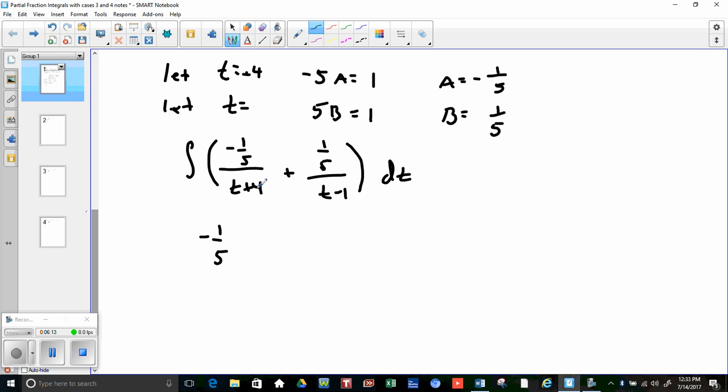The antiderivative of the 1 over t plus 4 would just be the natural log absolute value of t plus 4. Likewise here, it's a linear piece in the denominator, so it's going to be 1/5 natural log absolute value t minus 1. And then, of course, it's an indefinite integral, so plus c.